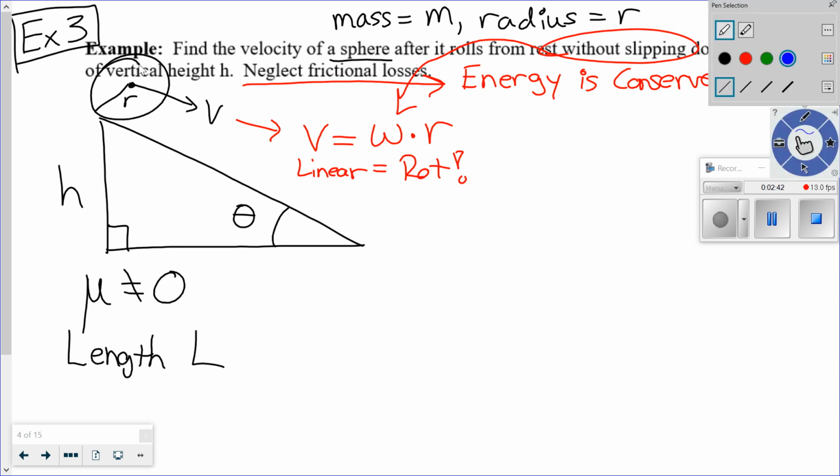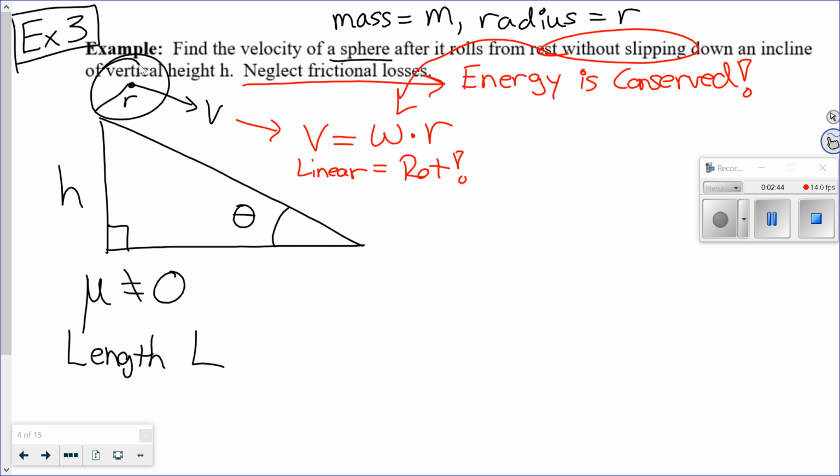So that means, because energy is conserved, my initial potential energy must be equal to my final kinetic energy. Oh, it seems so simple. Well, that's too simple. Indeed, the potential energy, when the bottom of the sphere is at h, is just mgh, like before.